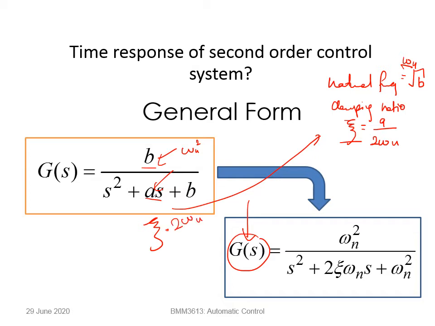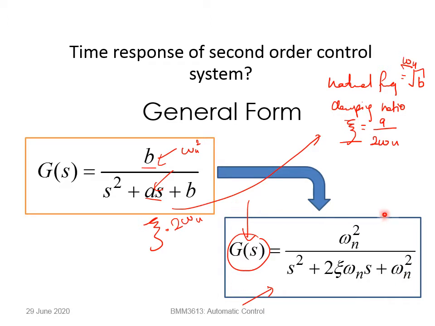If we replace this in the transfer function, you get a new way of writing it in terms of natural frequency and damping ratio. The general form of the second order transfer function will be omega n square over s square plus 2 zeta omega n s plus omega n square.